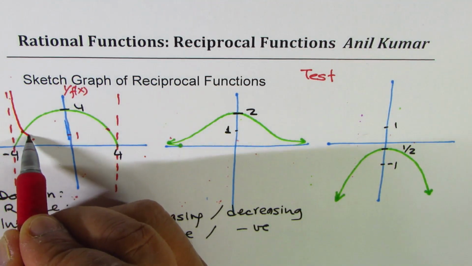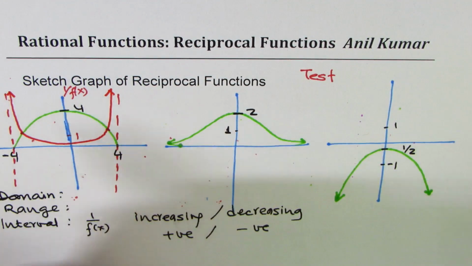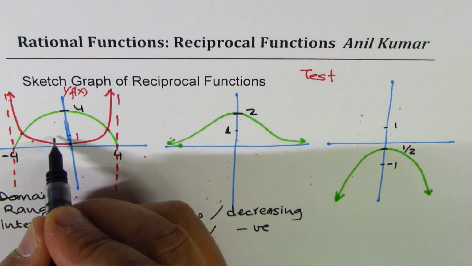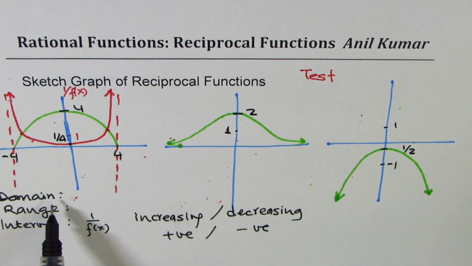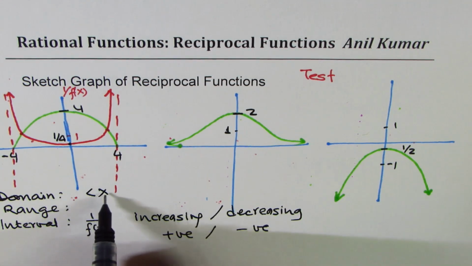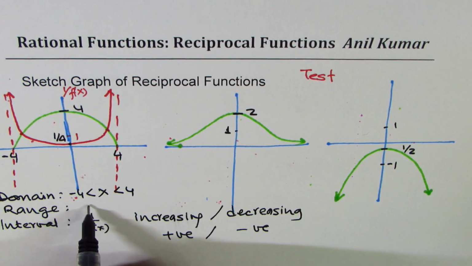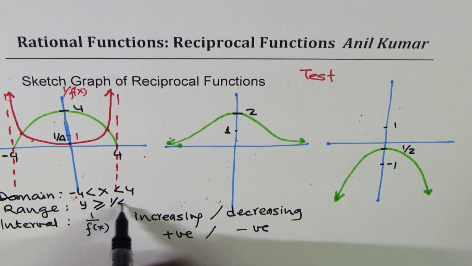So it is going to be kind of like this. Do you see that? Where this point here will be 1 over 4. So that means as far as the domain is concerned, the x value is between -4 and 4, and the y value is greater than or equal to 1 over 4. Do you see that?